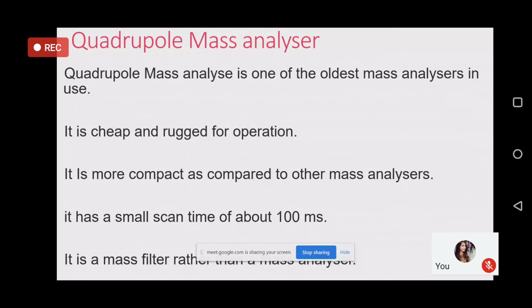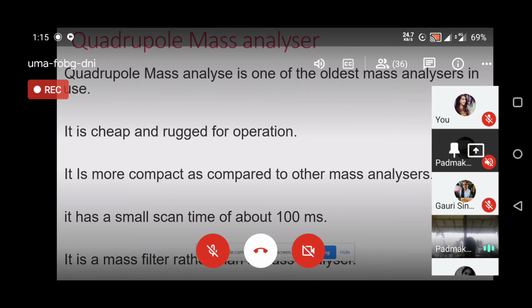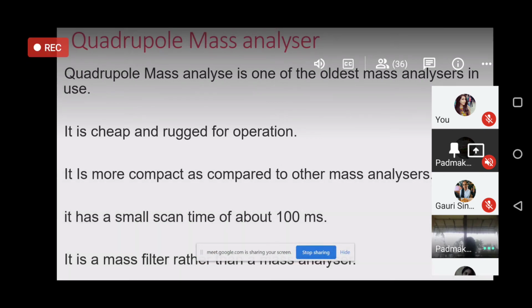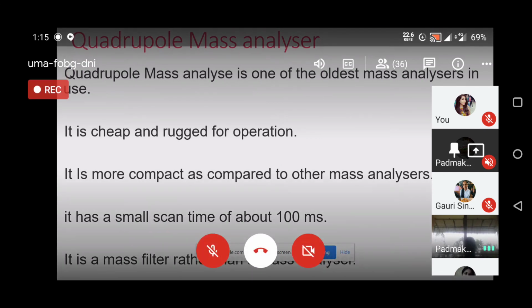The mass analyzers which we discussed so far, say time of flight mass analyzer, or single focusing sector analyzer, or double focusing sector analyzer, are mass analyzers which behave like a grating in an optical instrument. What does a grating do in an optical instrument? It separates the wavelength, correct? The wavelengths are dispersed.